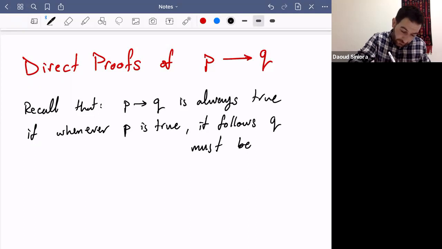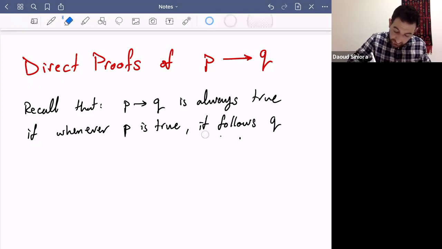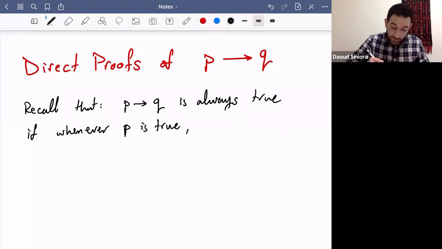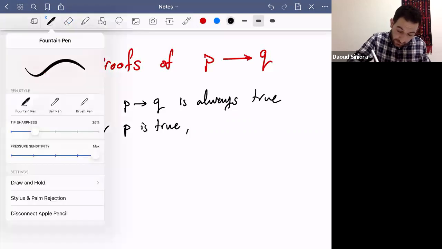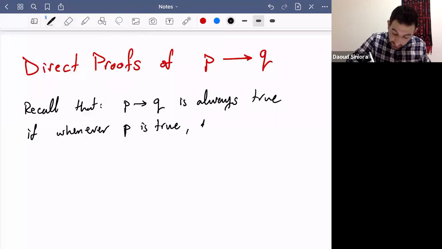Let me say it in a different way. We discussed earlier that P implies Q is always true if we show whenever P is true, then Q must be true as well.